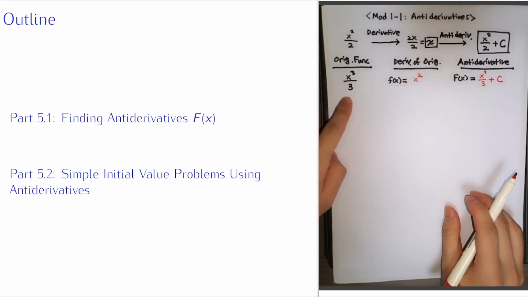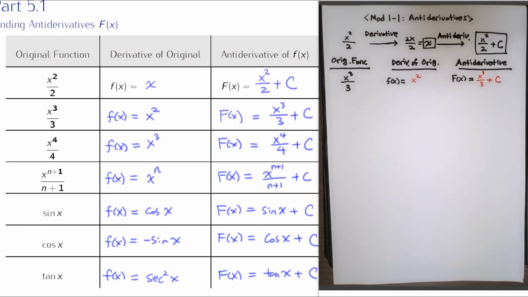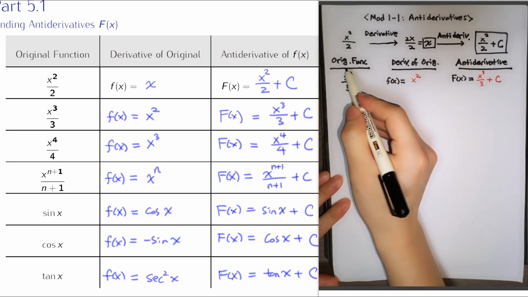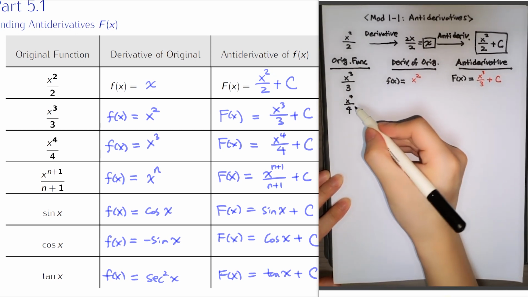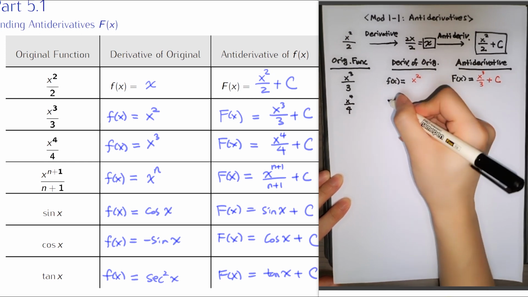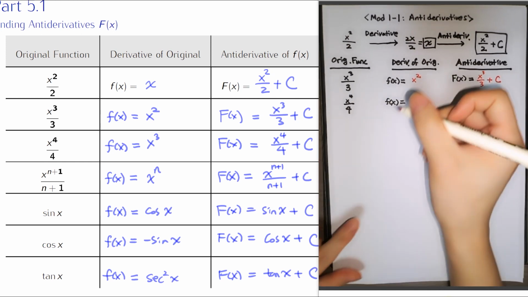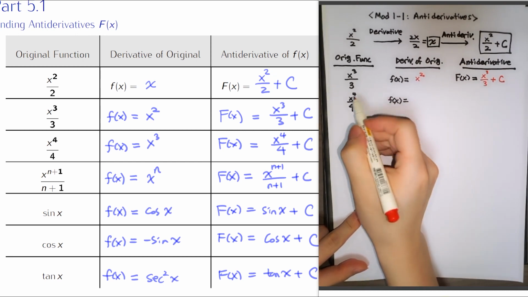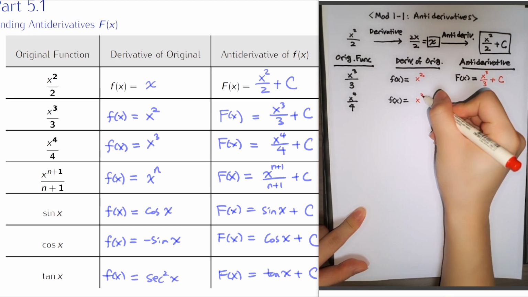Okay, let's try more examples. Please take a look at our slides. Suppose our original function is x to the power of 4 over 4. Then the derivative of this function, little f of x, is equal to 4x cubed over 4, which becomes x cubed.